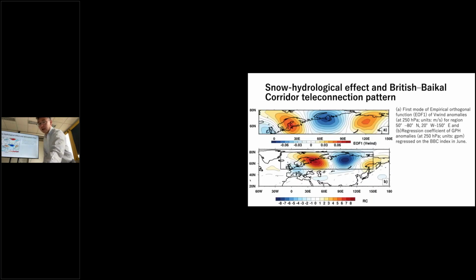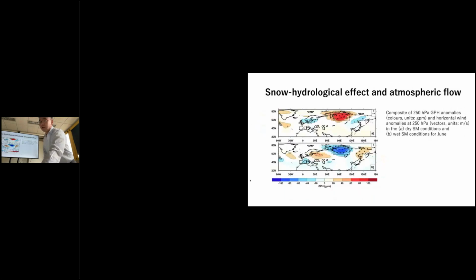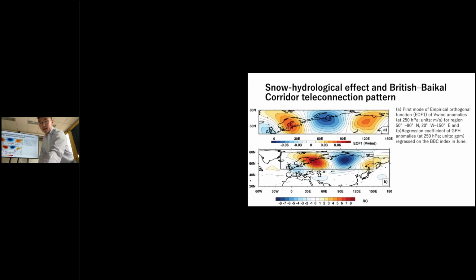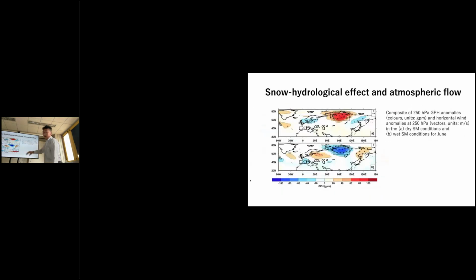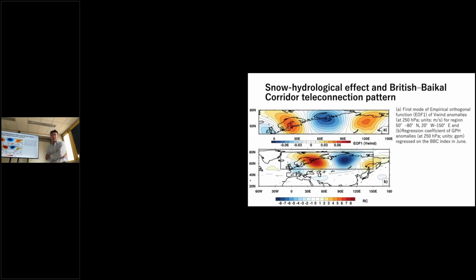But we could also have some impacts from land to the atmospheric flow. By the way, this pattern resembles the so-called British-Baikal Corridor teleconnection pattern, which is a wave pattern over the polar front jet.